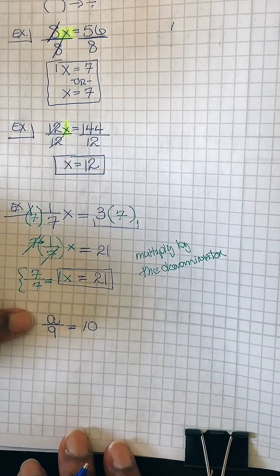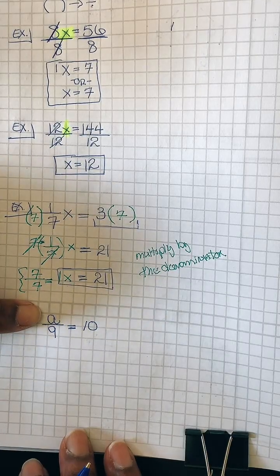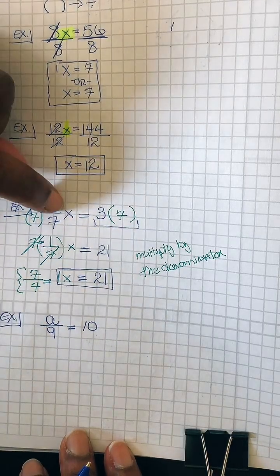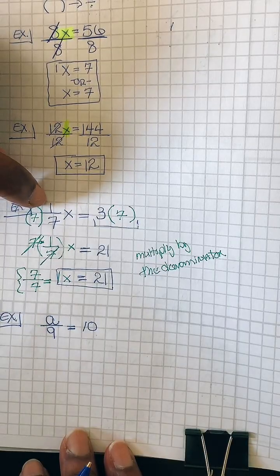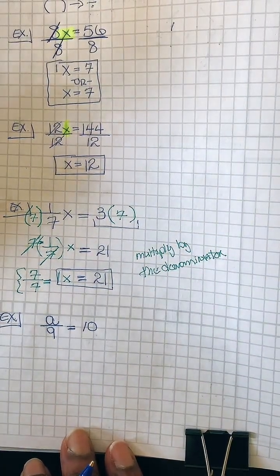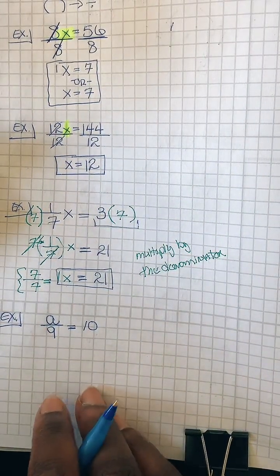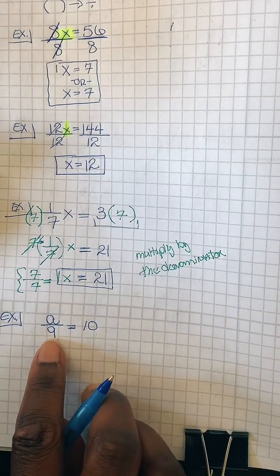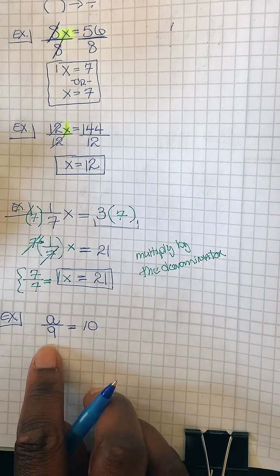So this time the variable is in the numerator. The variable could also be in the numerator for the previous one, but this makes it a little less clunky. So we really want to get that 9 out from that denominator.